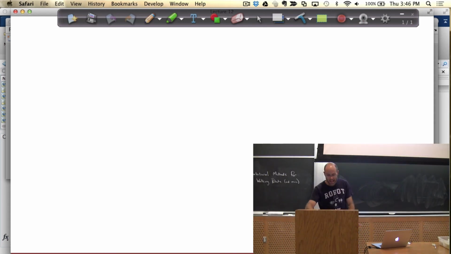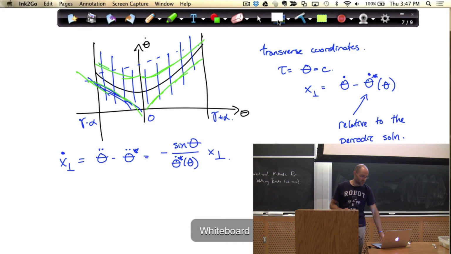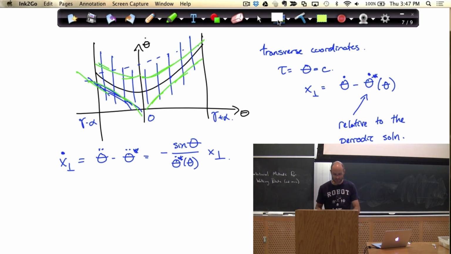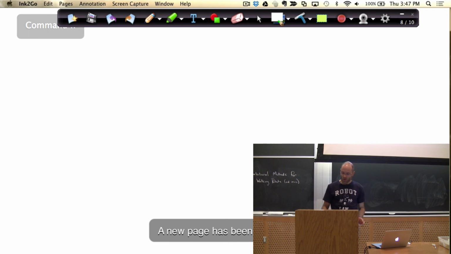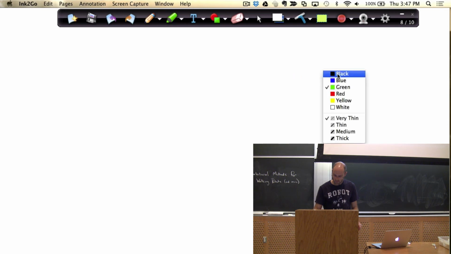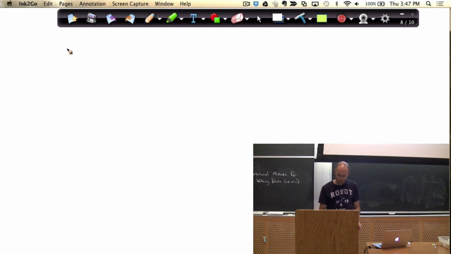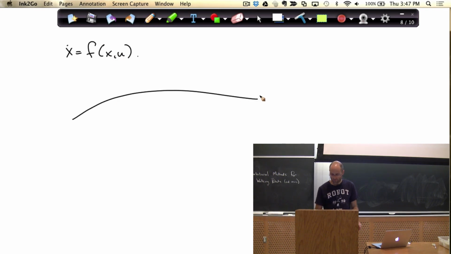Okay. The last idea now is a simple extension of what we just said to some extent, right? So let's say I've got my transverse linearization. But let's start with a control system now, where I have control inputs. I have some trajectory, and maybe it's periodic, maybe it's hybrid, okay?